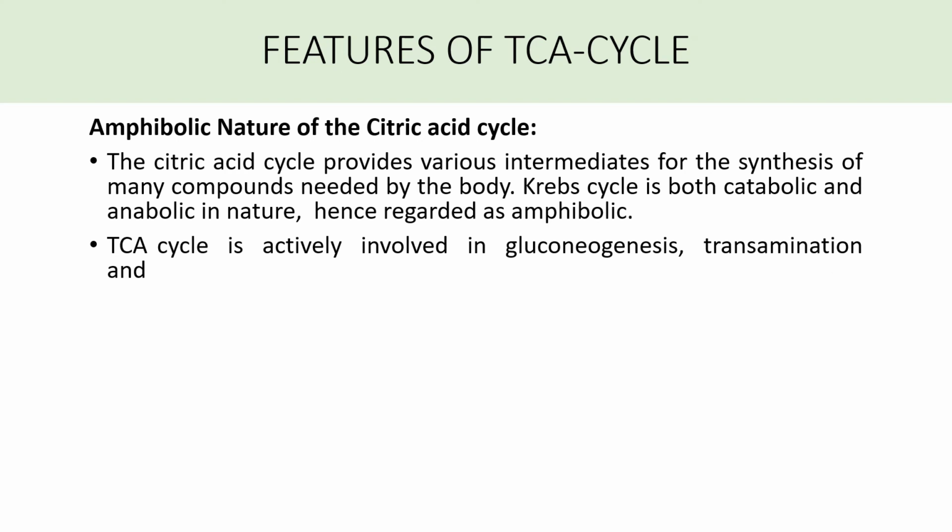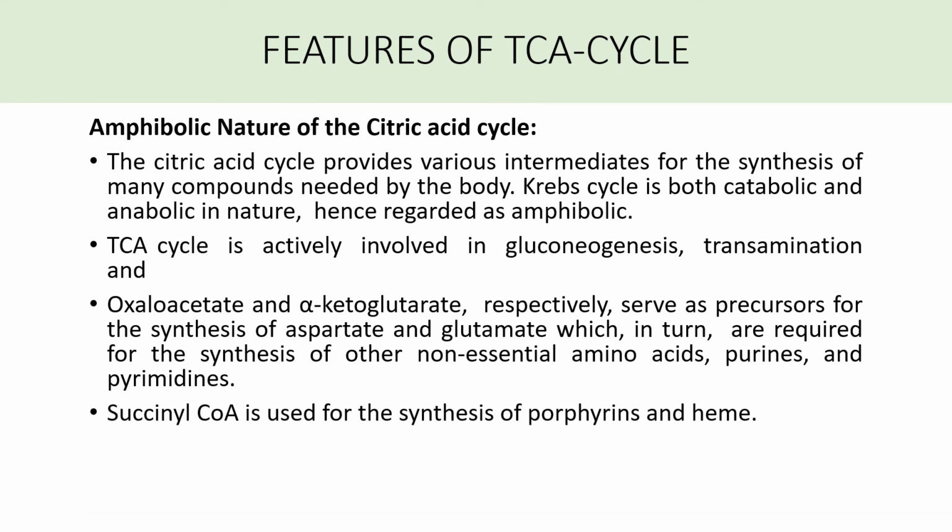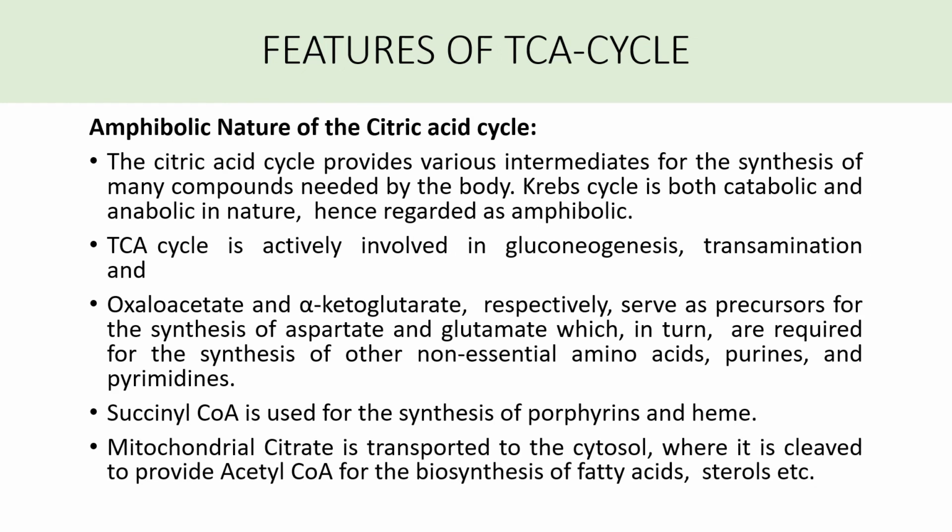TCA cycle is actively involved in gluconeogenesis and transamination, and oxaloacetate and alpha ketoglutarate respectively serve as the precursors for the synthesis of aspartate and glutamate, which in turn are required for the synthesis of other non-essential amino acids, purines and pyrimidines. Succinyl coenzyme A is used for the synthesis of porphyrins and heme. Mitochondrial citrate is transported to cytosol where it is cleaved to provide acetyl coenzyme A for biosynthesis of the fatty acids, sterols, etc.